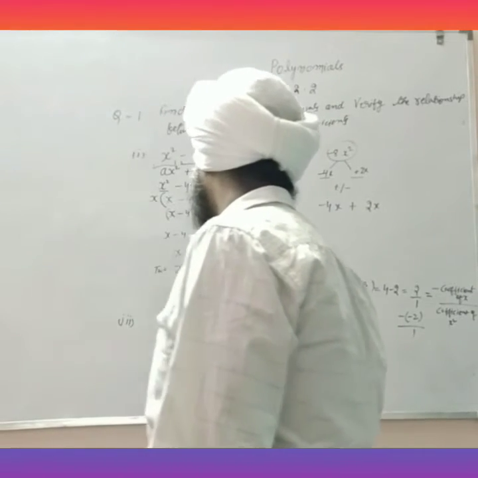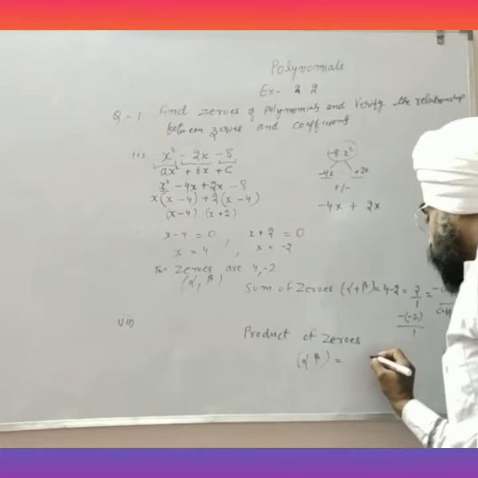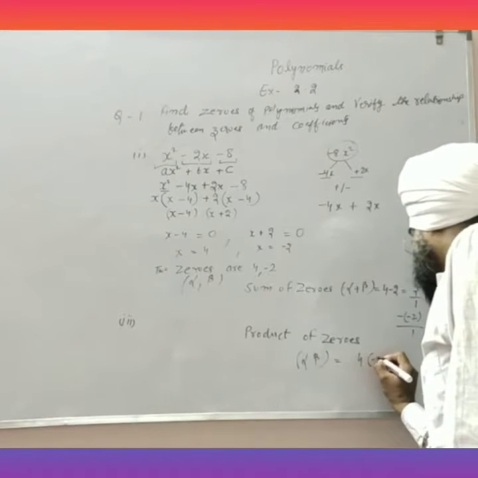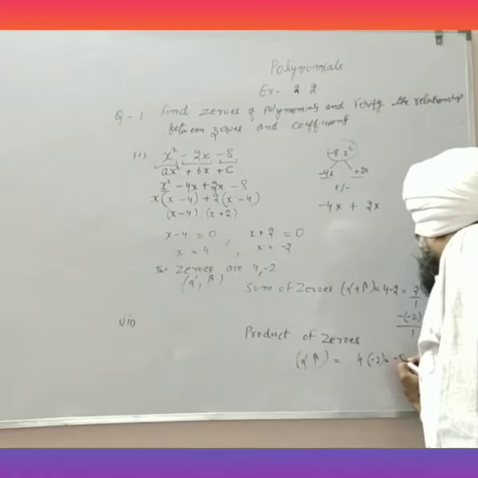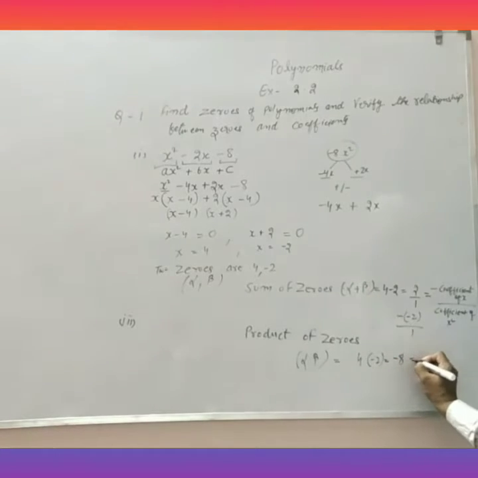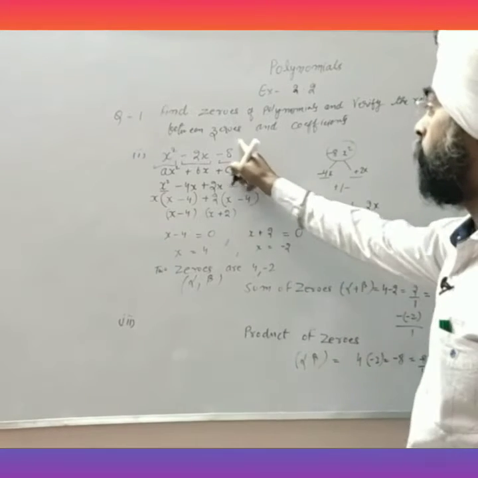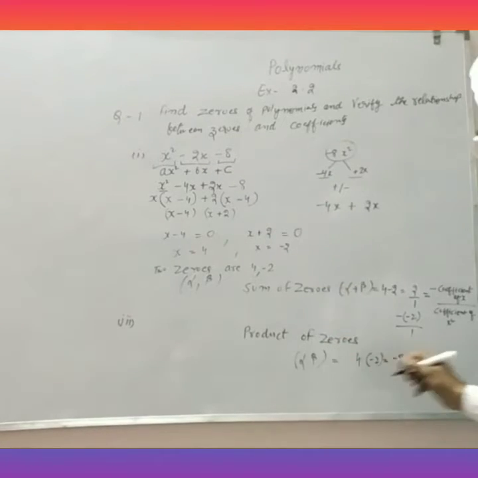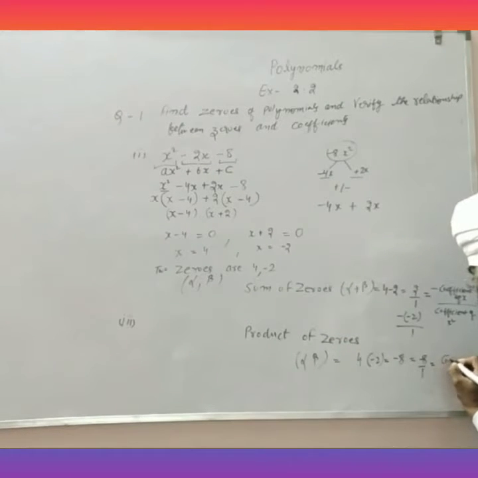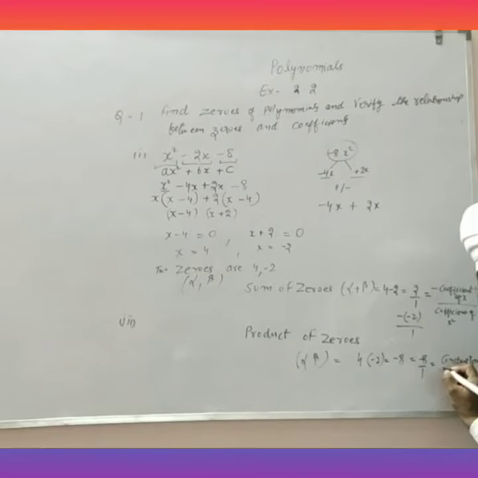The product of the zeros, 4 into minus 2, will be minus 8. Minus 8 can be written as minus 8 upon 1, where minus 8 is the constant term with its sign. We can write here constant term upon coefficient of x square.